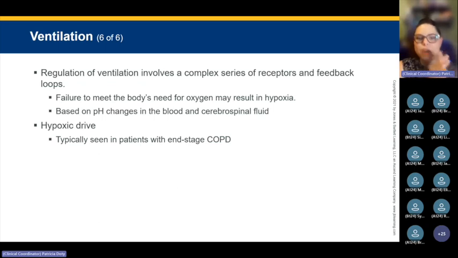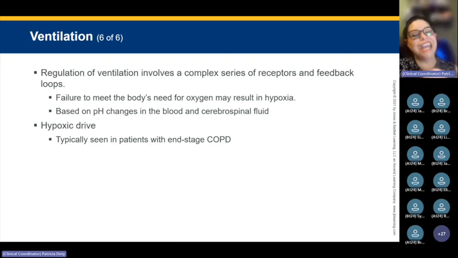Hypoxic drive, though, let's talk about this one. Based on the pH changes in blood and cerebral spinal fluid. And we talked earlier about a series of receptors. You have some receptors inside of your heart, and you have some receptors inside of your neck that are going to help with deciding how much oxygen and pH you have in your body.